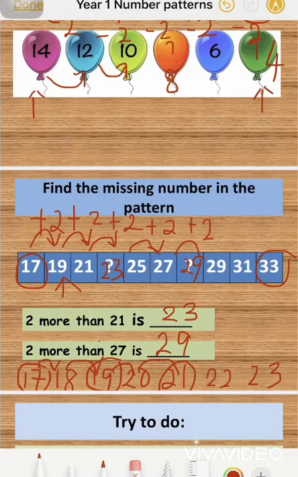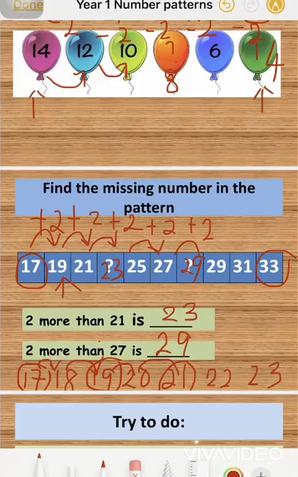Okay, so student, remember the steps. You need to identify whether the numbers are getting smaller or getting bigger. If the number is getting smaller, you need to count back. If the number is getting bigger, you need to count on.